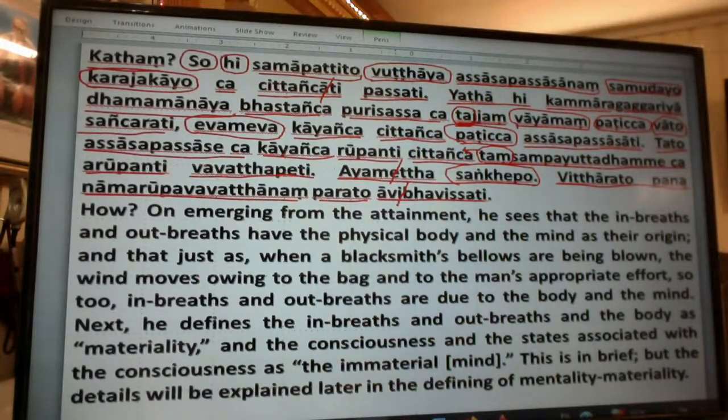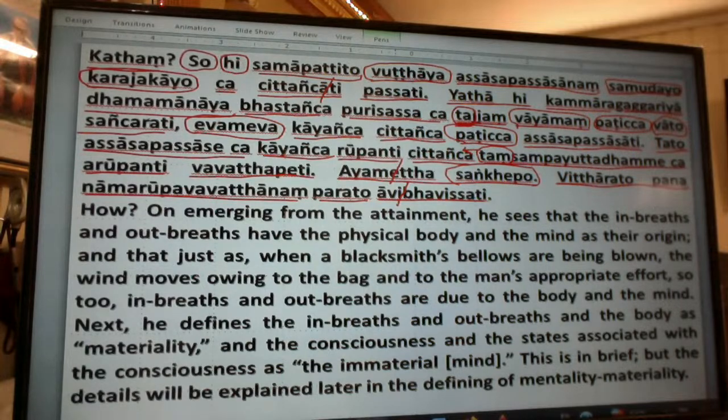So the detail is later, in the Panya Niddesa, talking about the wisdom.